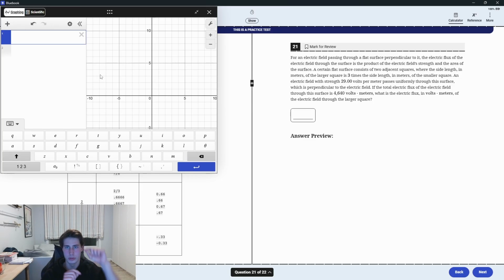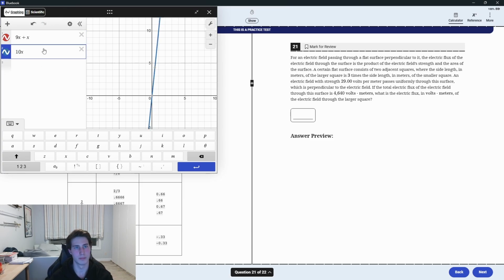The small square is going to be x and x, and then the larger square is going to be 3x and 3x. So we have 3x times 3x, which gives us 9x, plus x times x, which is just x, and that is going to give us 10x, okay? So our total area is going to be 10x.